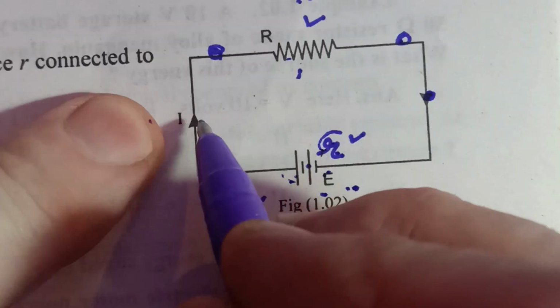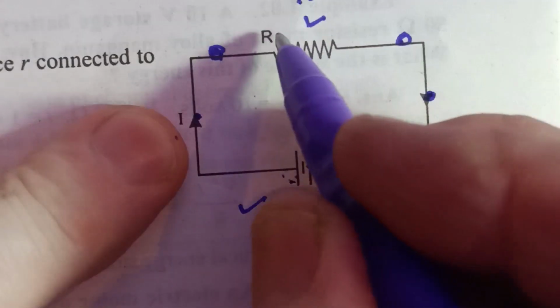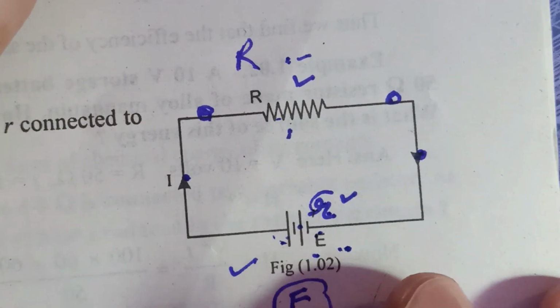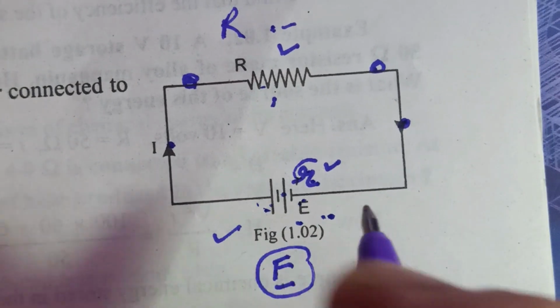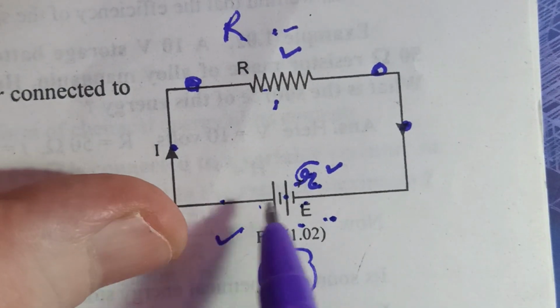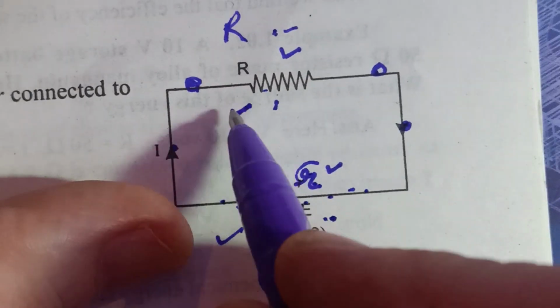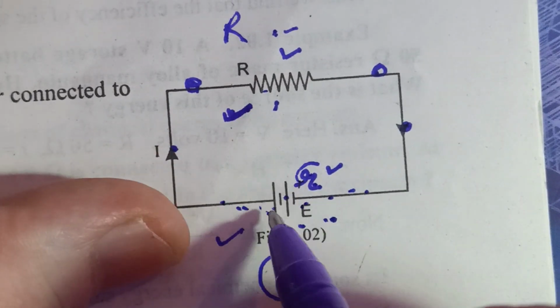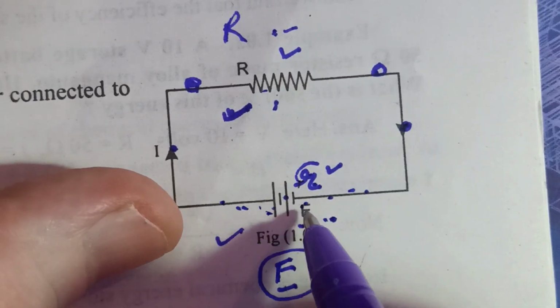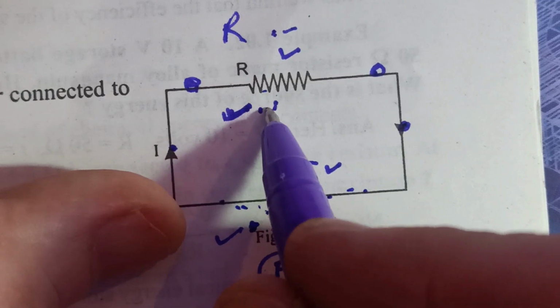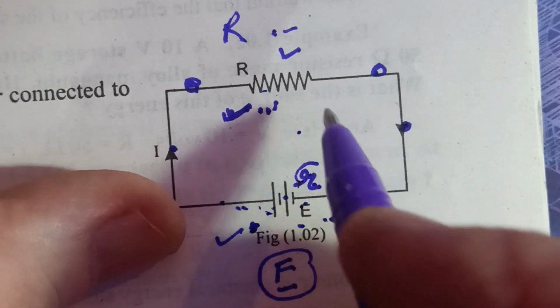This battery is connected to an external resistor, capital R. Our problem is how much power of the battery can be delivered to R. Your answer may be that 100% of its power can be delivered to R. No, this is the wrong answer.